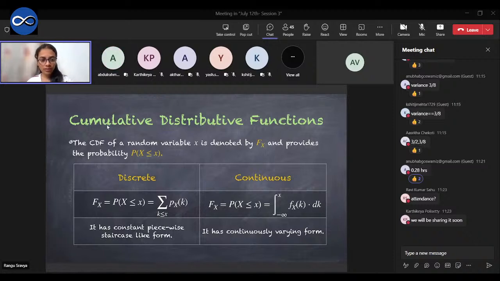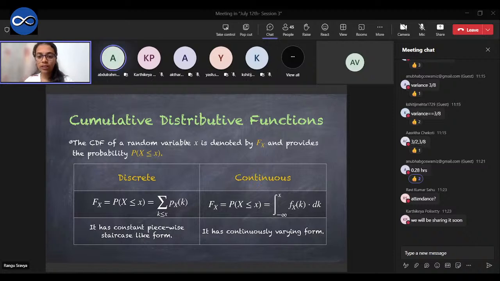For discrete, F_X(x) will be the probability that X is less than or equal to x. That means we need to add the probabilities of all the values which are less than or equal to x. So sigma over k less than or equal to x of p_X(k), adding all those. And for continuous, F_X(x) will be P of X less than or equal to x, where we want the probability in the interval minus infinity to x, because for every value less than or equal to x we want to find the probability.